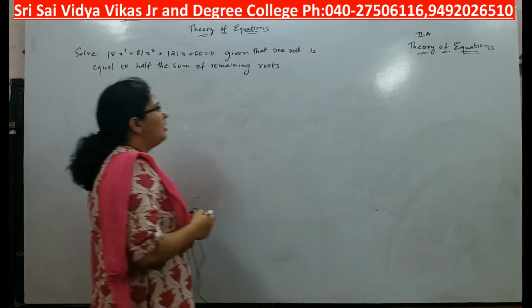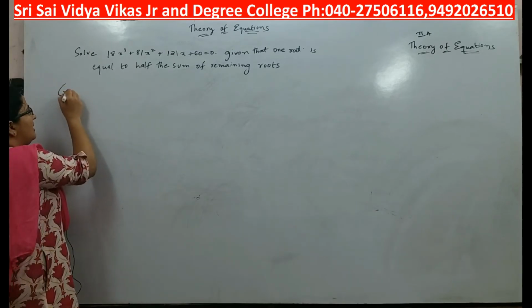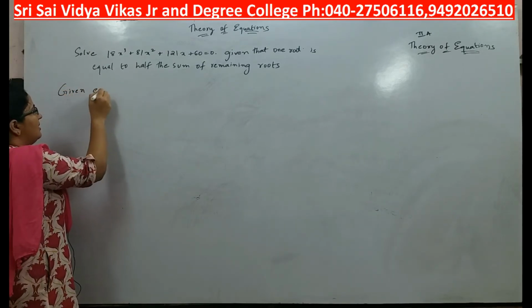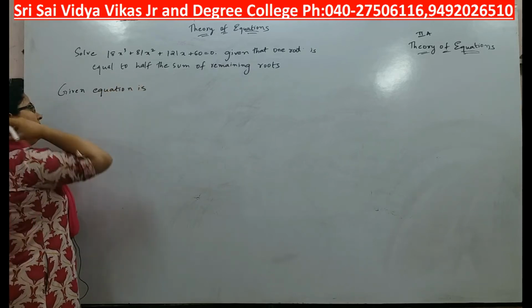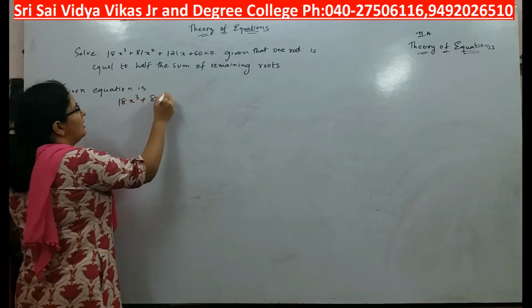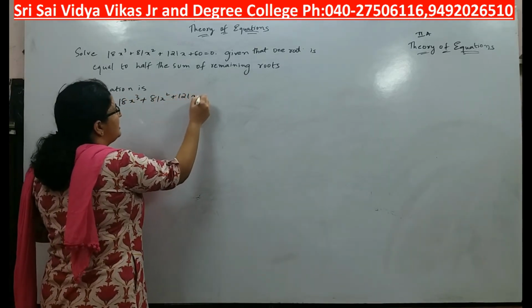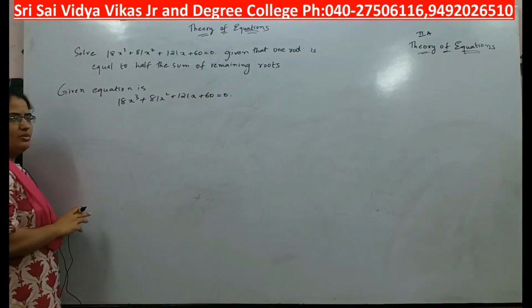We'll discuss this problem. Now, what is the given equation? Given equation is 18x cube plus 81x square plus 121x plus 60 is equal to 0. So, how many roots does it have?